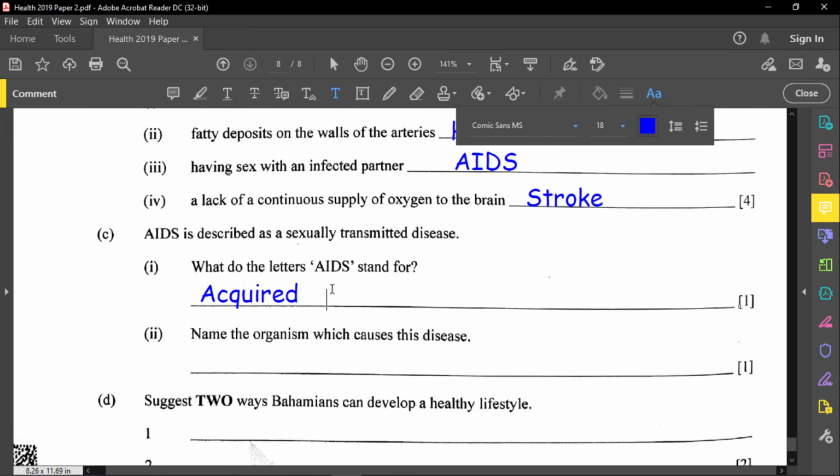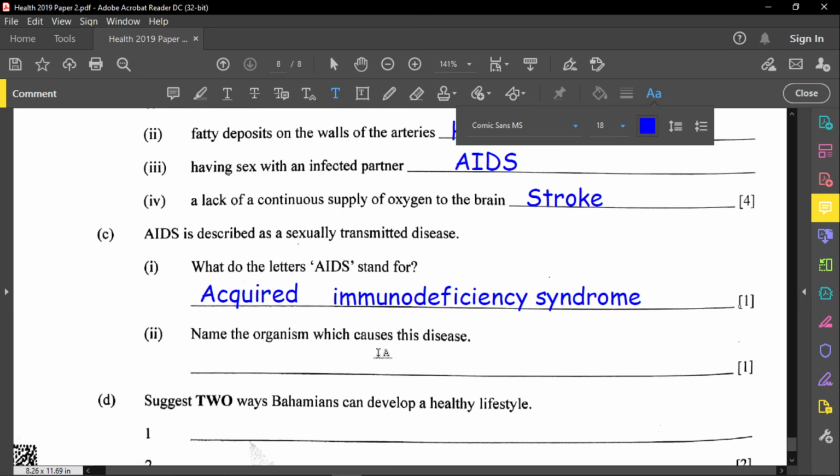So acquired immunodeficiency. And the S is syndrome. Okay, so it's acquired immunodeficiency syndrome.